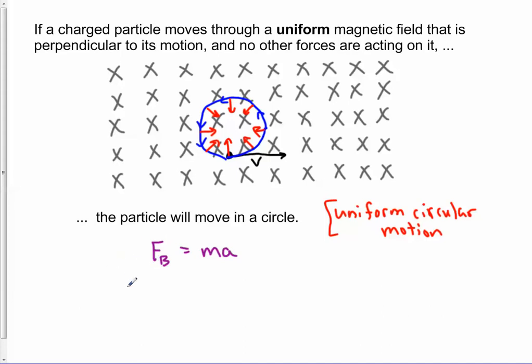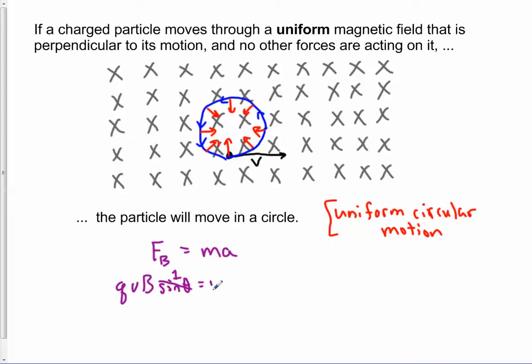All right. So of course over here we have qvb sine theta. However, sine theta, again, notice that from V to B going straight in, that's 90 degrees. So this is a 1. So I actually don't need to write this. It's just a 1. Okay.